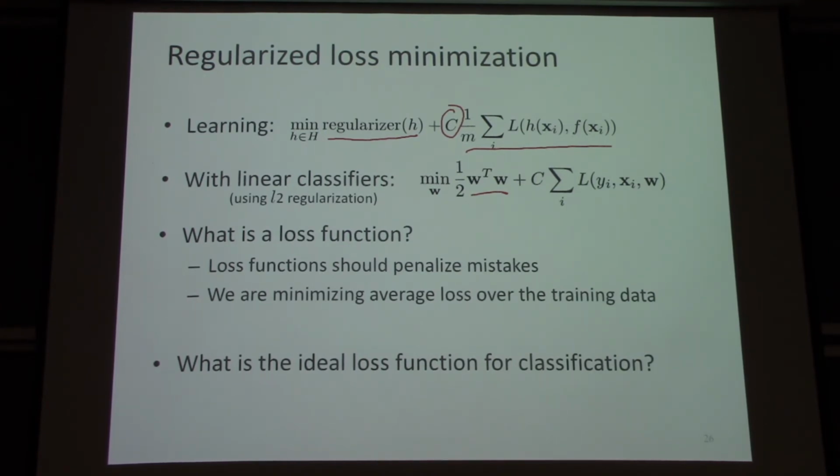Another interpretation is that your weight vector, W, is composed of individual weights. Each weight in the weight vector is drawn randomly from a Gaussian distribution. And we are performing maximum a posteriori estimation. That's what we just saw. The square norm regularizer has two different interpretations.